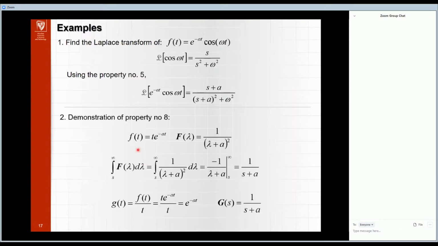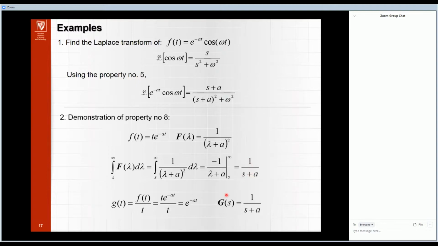For example, sometimes we know the transformations of such functions, but we need to find the transformations without this t, that is, multiplied by divide by t. So when we use this property, we know these transformations, and when we make this integration, we obtain this value.